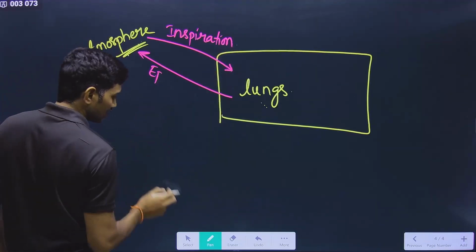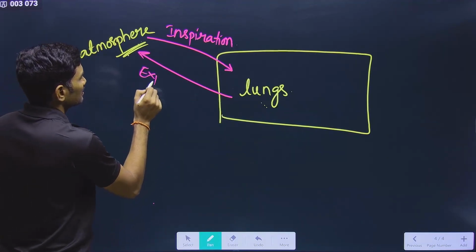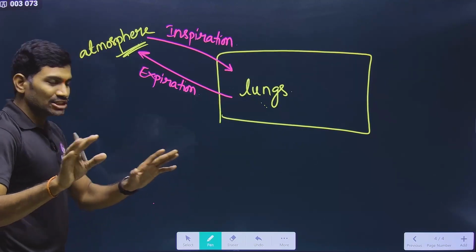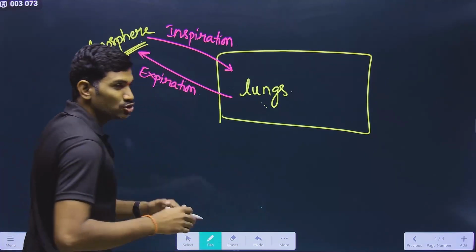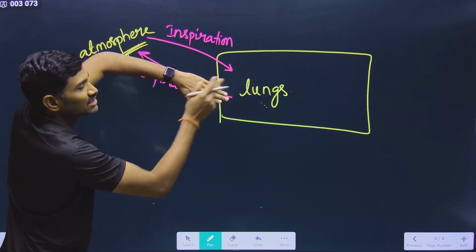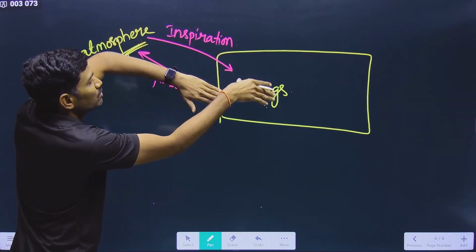Please understand the concept here. If you understand the concept, then only you can understand the NCERT content. Forget about expiration for now, and let us focus on inspiration. In inspiration, air moves from the atmosphere to the lungs.